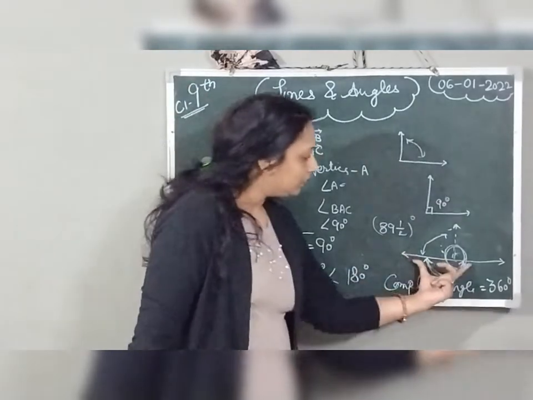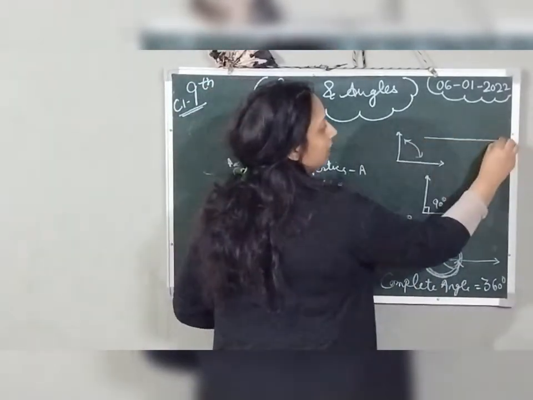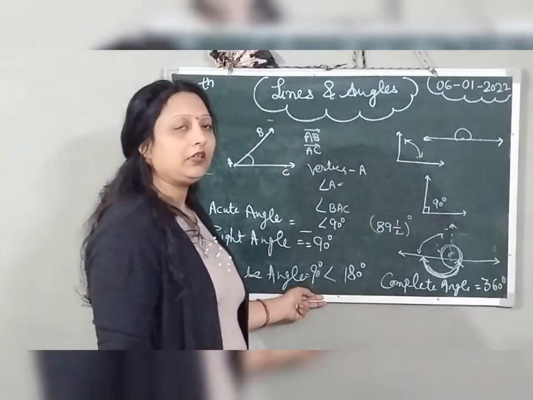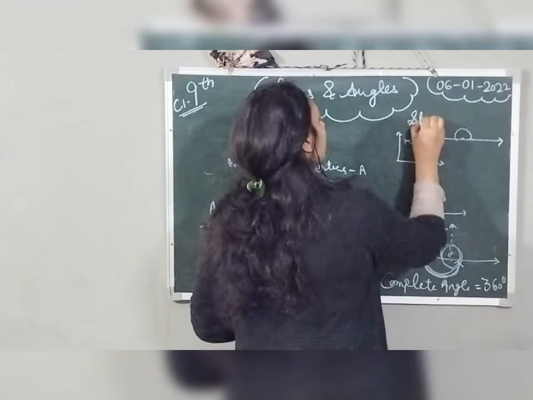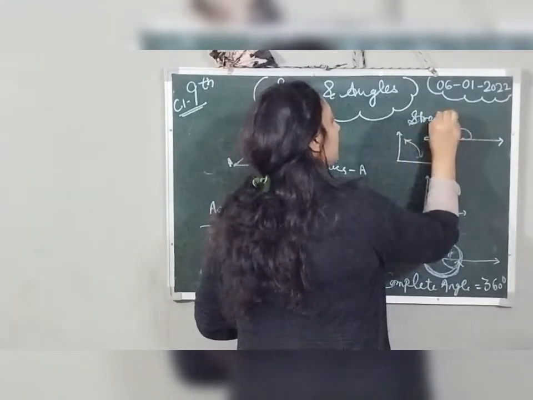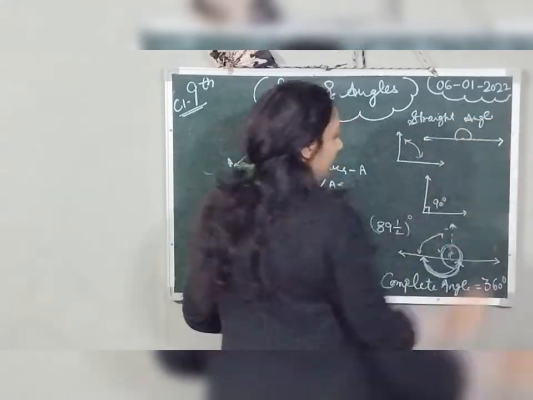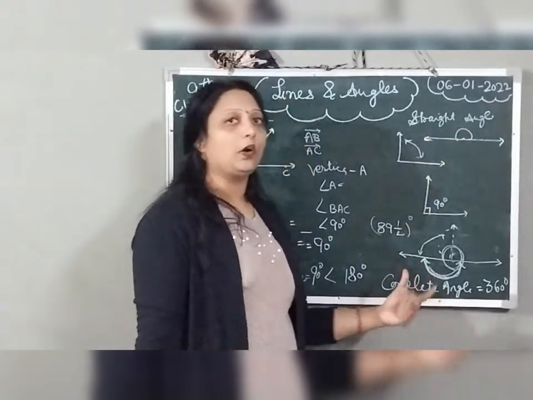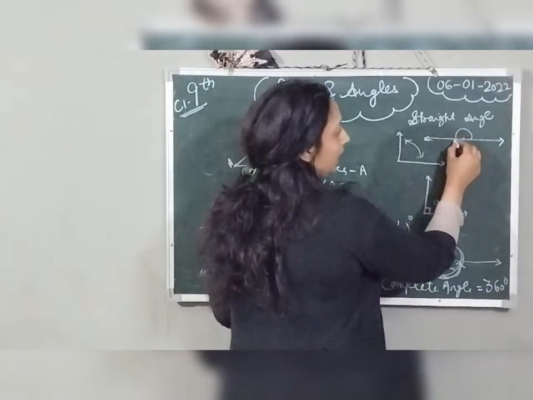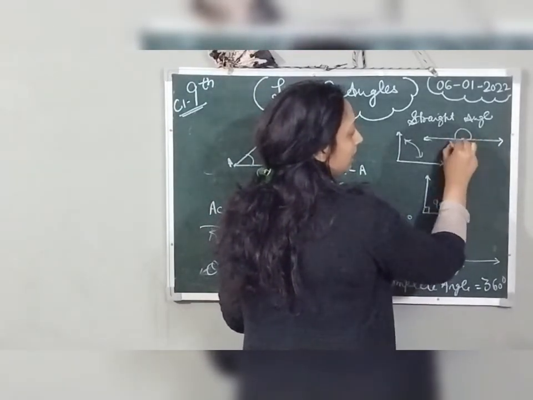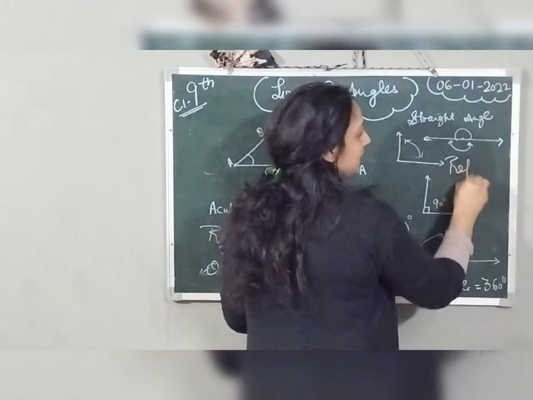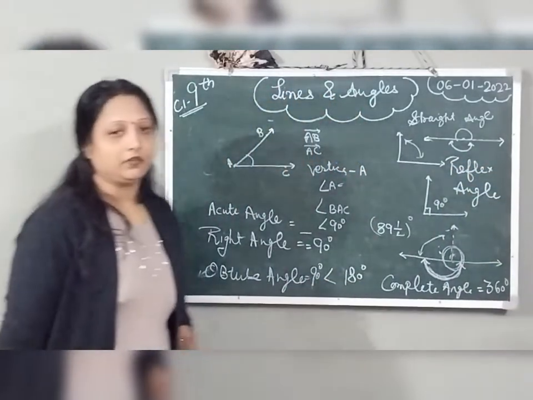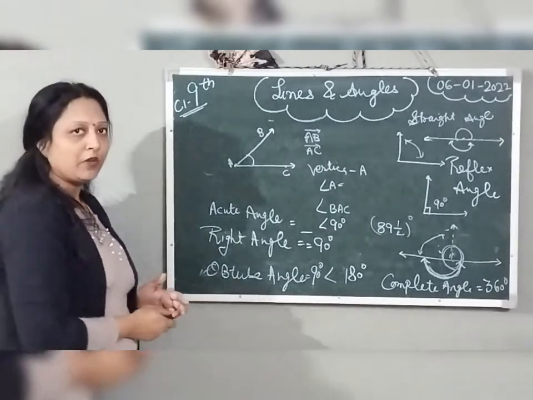What about this straight line? This one is called the straight angle. And the angle in between the straight angle and the complete angle is called the reflex angle. Here. This one is called the reflex angle.